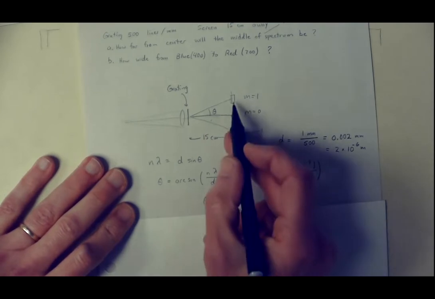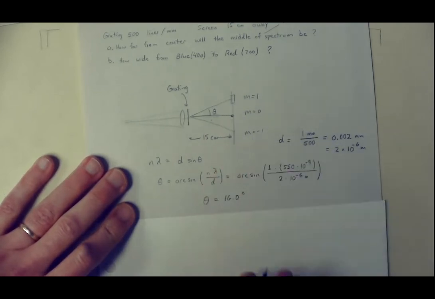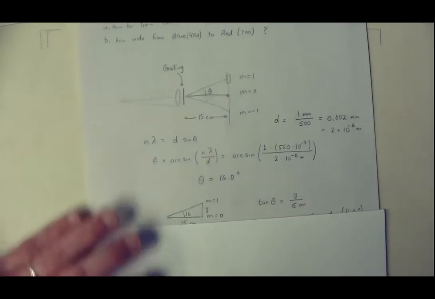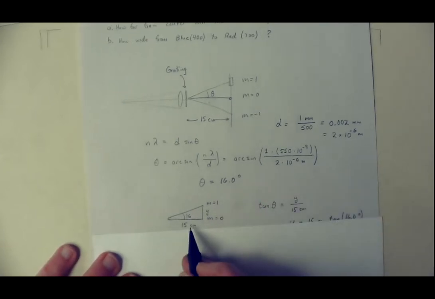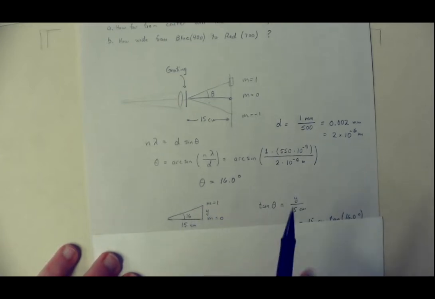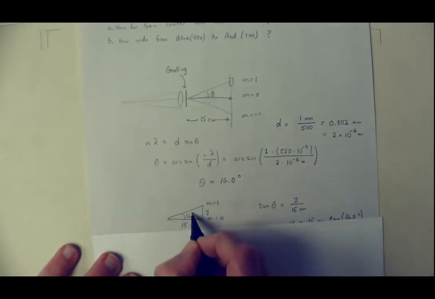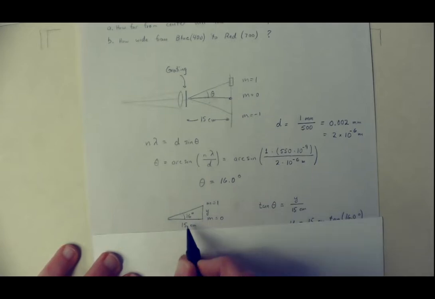That doesn't tell us this distance, y, we could call it. So how do you get y? Well, you draw this triangle out here again and try to get y, knowing this is 15 centimeters. And that's just using a tangent. The tangent of this 16 degrees is what this angle is in here.